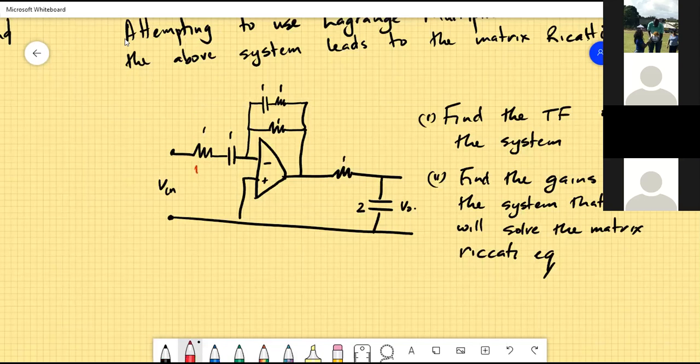So this is 1, this is 1 over s, this is 1 over s, 1, 1, 1, 1 over 2s. So we divide this in 2. Call this one G1. Call this one G2.